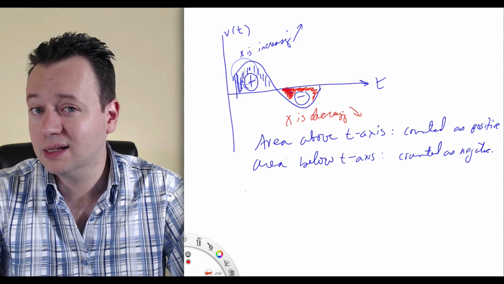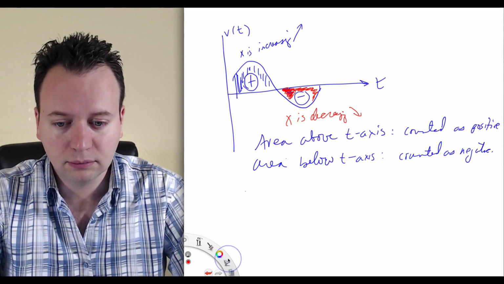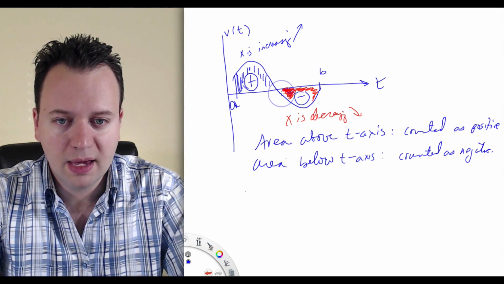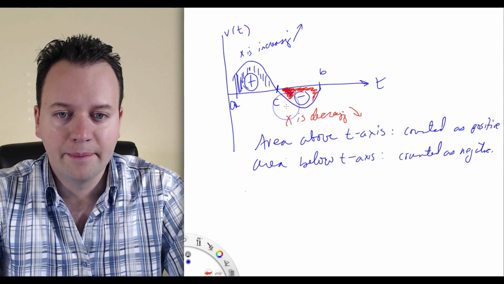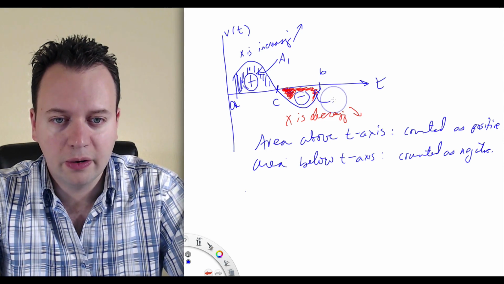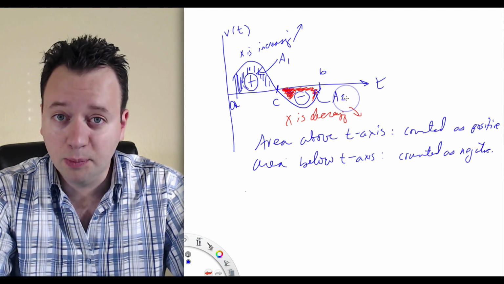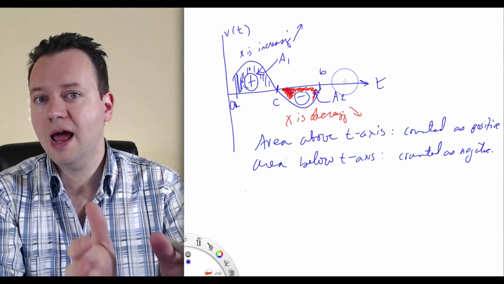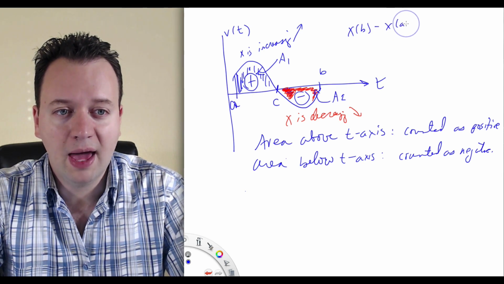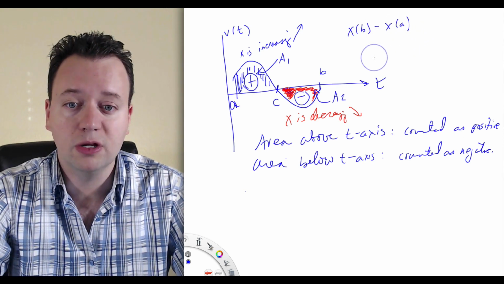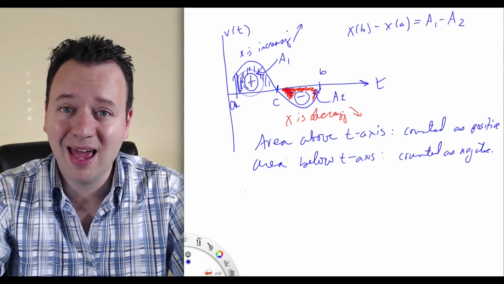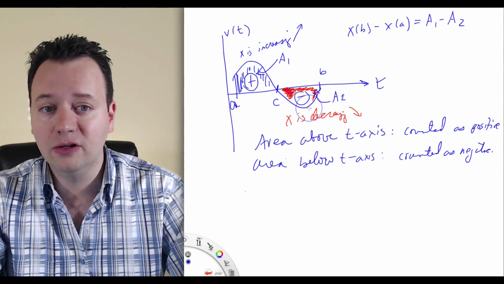So your total distance, x of b minus x of a, so this is, let's say, a, and then this is b, and let's call this point in between c. And let's call this one area 1, and the one down here area 2. And area 2 is the positive area, so it's just literally the area underneath the t-axis. So x of b minus x of a, the total change in my position between a and b, is going to be A1 minus A2, because I've moved a distance of A1 to the right, and then I moved a distance A2 to the left.